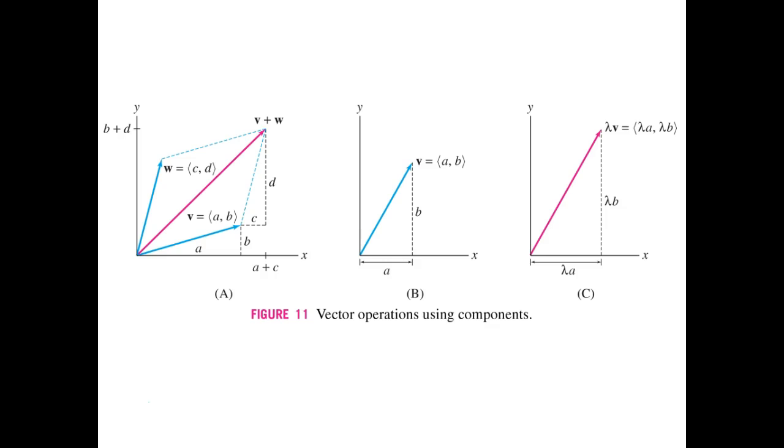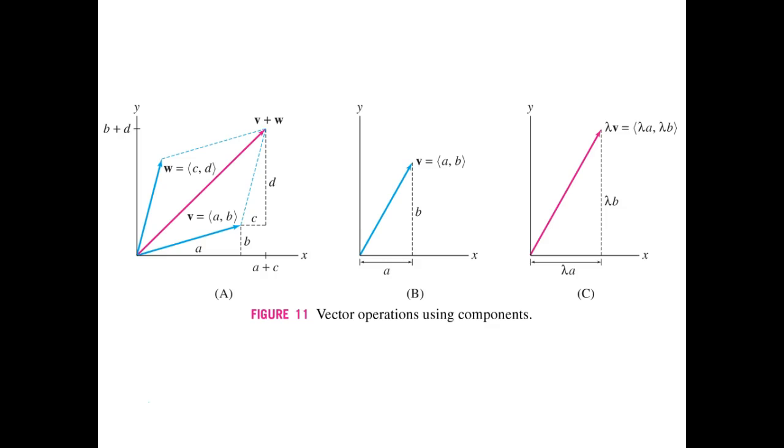Okay? Now, this lambda was a number greater than 1, because that magnitude is greater than this magnitude. If that lambda had been between 0 and 1, that would have been scaling this one back.